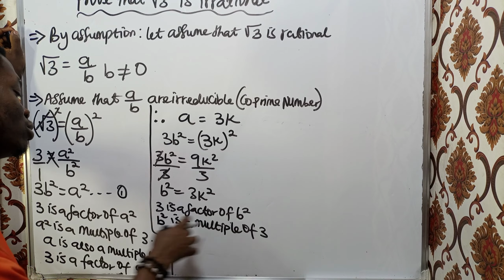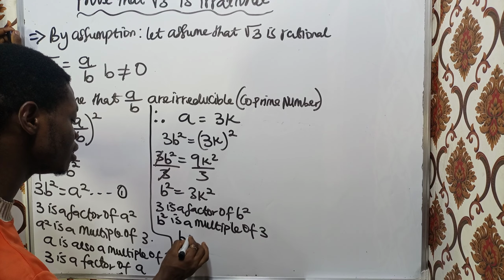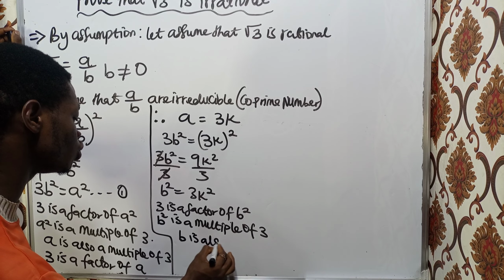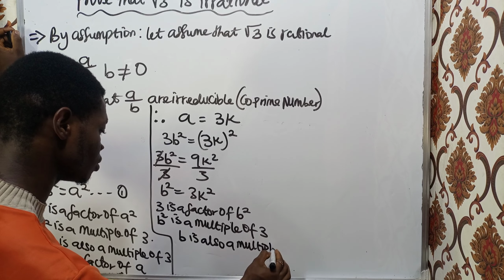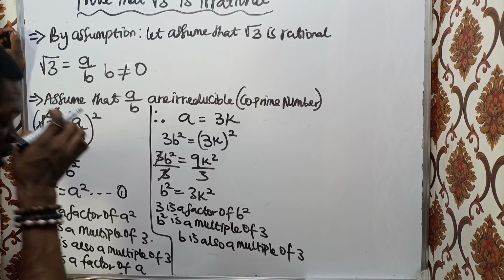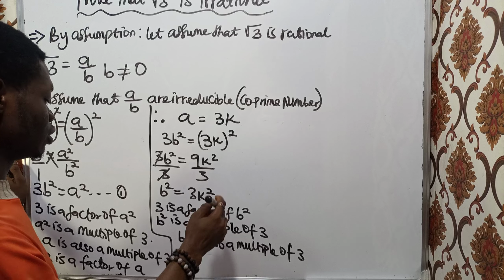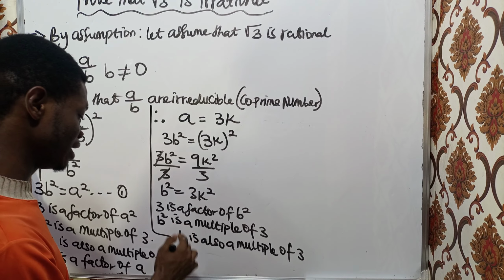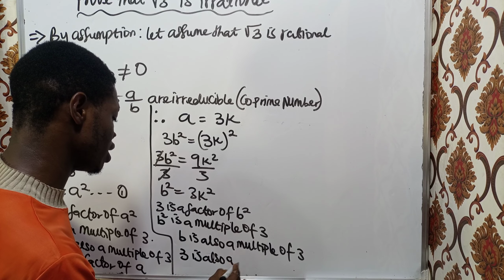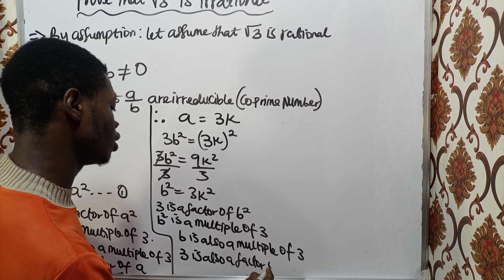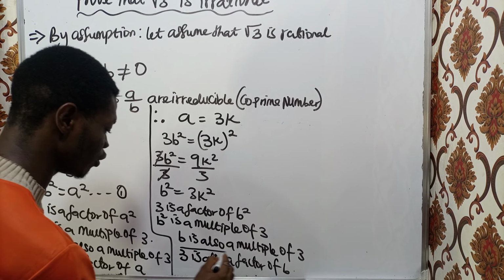If 3 is a factor of b squared and b squared is a multiple of 3, it also means that b is also a multiple of 3, from what we proved. And this also means that 3 is also a factor of b. You see it now.